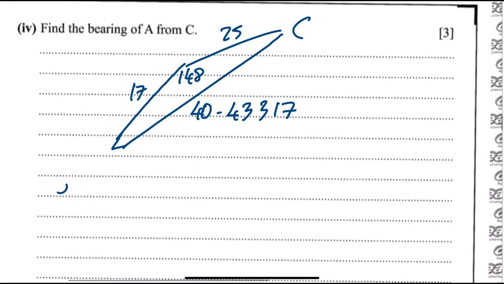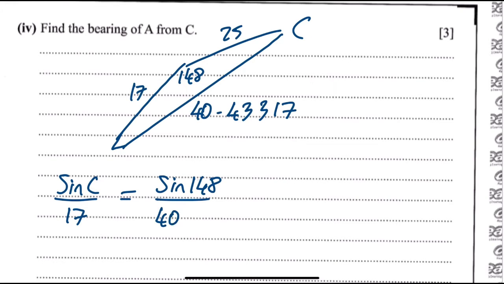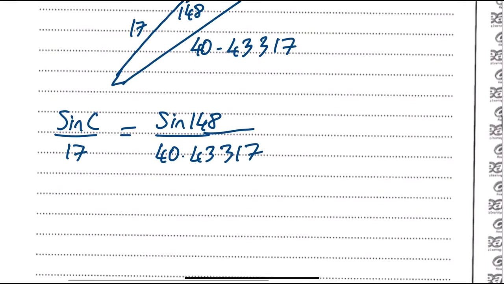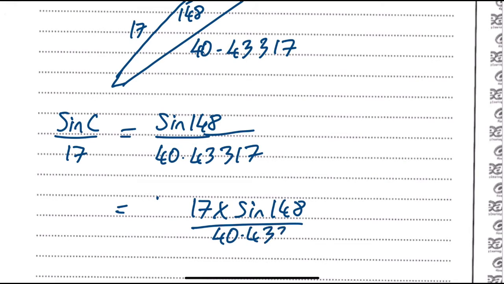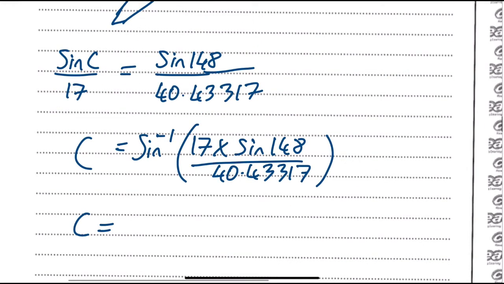So to get angle C, I'd say sine of angle C over its opposite side, which was 17, is equal to sine of 148 over its opposite side, which was 40.43317. Now if I multiply across by the 17, I'll have 17 times sine of 148 all over 40.43317. And then if I do sine to the minus 1 of that whole thing, I will get my C.